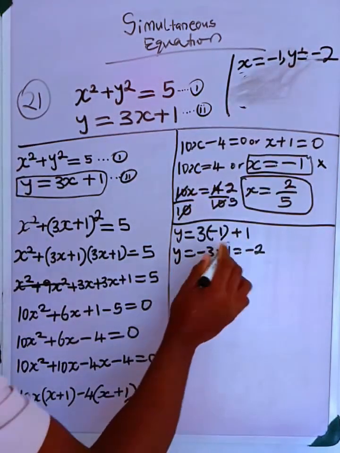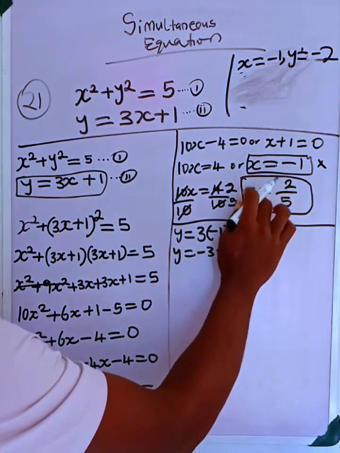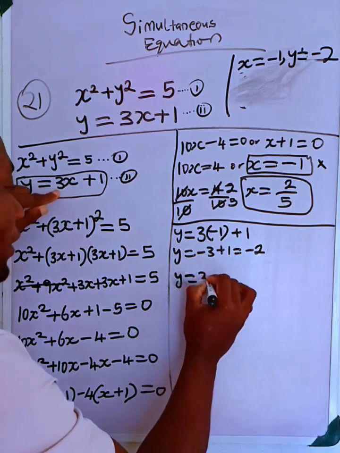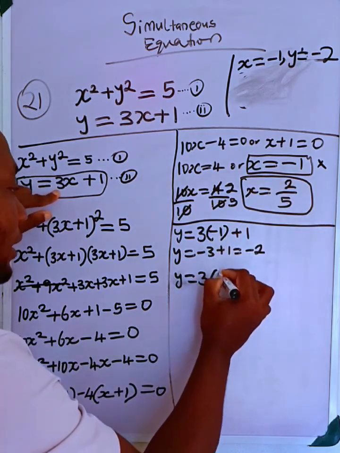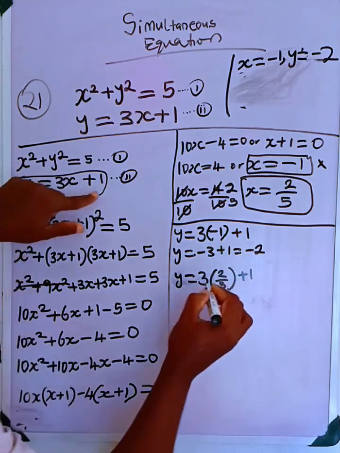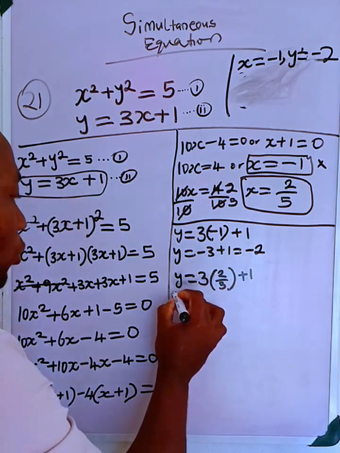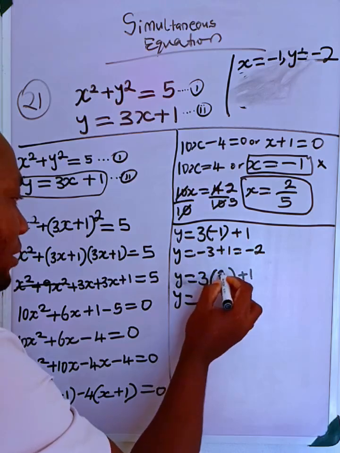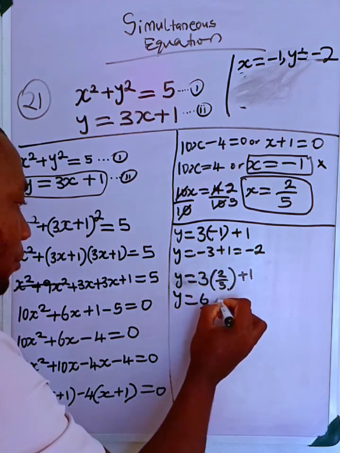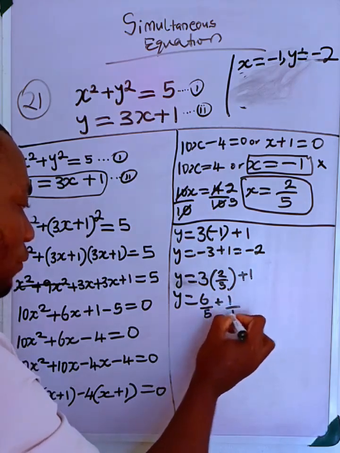Therefore, when x equals minus 1, y equals minus 2. Take note of this. Now let us substitute when x is 2 over 5. y equals 3 times 2 over 5, plus 1. Are you following? So y equals 3 times 2 is 6 over 5, plus 1, which is the same as 1 over 1.